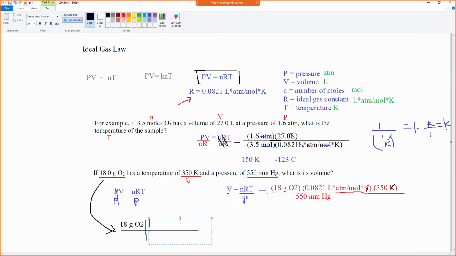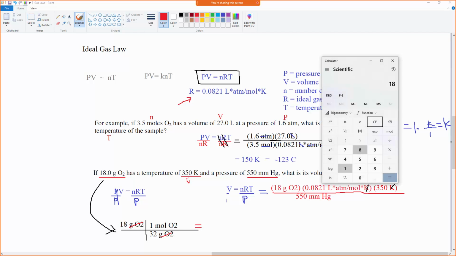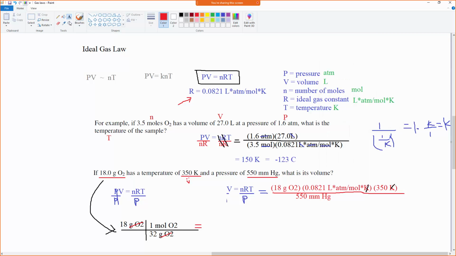So that gives us a molar mass of 32 grams of oxygen in every 1 mole of oxygen, except you guys were smarter than me and you put the grams on the bottom, so they would cancel. It's a pretty simple conversion, but you have to remember what you're doing. Okay, so 18 divided by 32 gives us 0.5625 moles of oxygen.